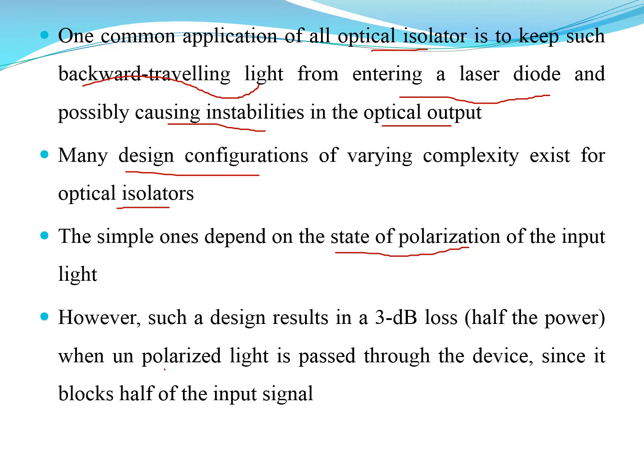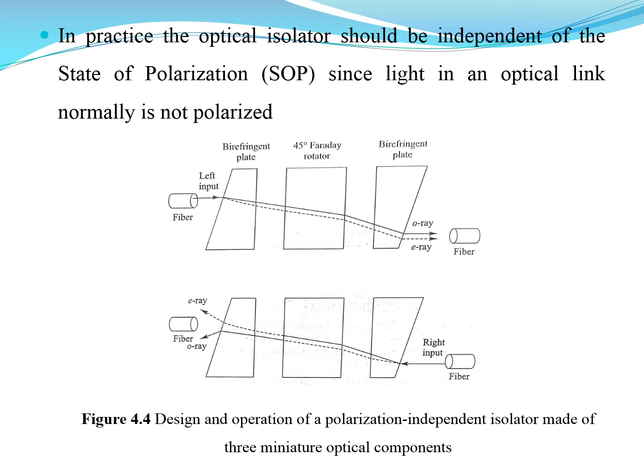When unpolarized light is passed through the device, it will block half of the input signal, like the design of a 3 dB coupler. Using that concept, we have an isolator. This is the design of the polarization independent isolator.